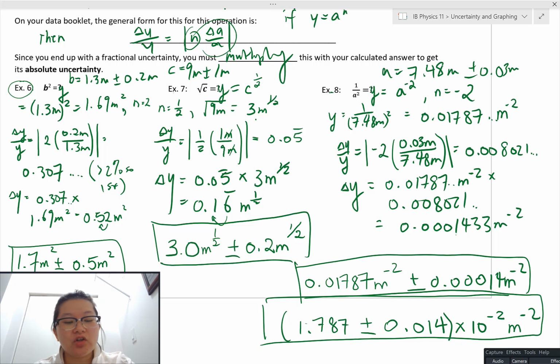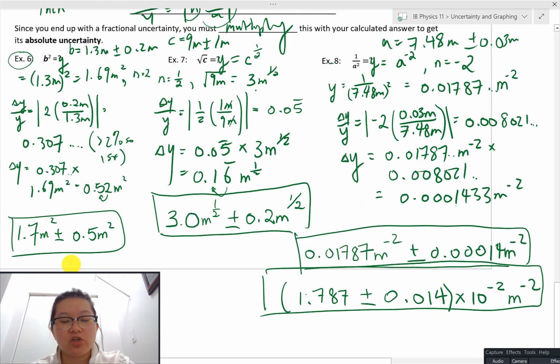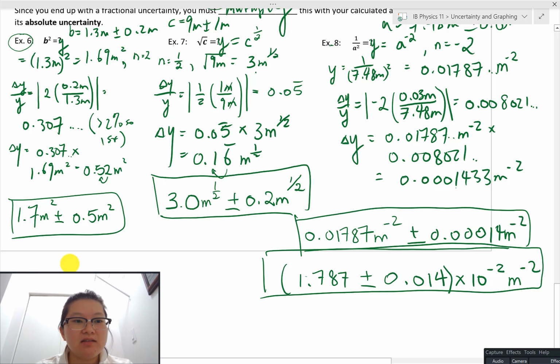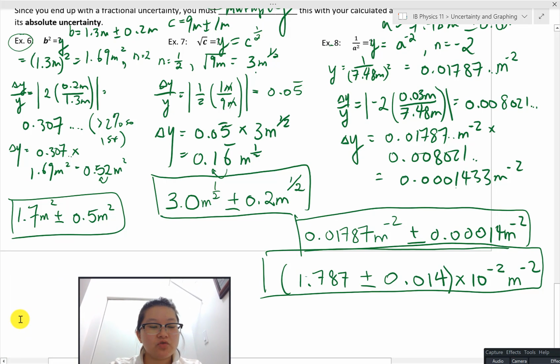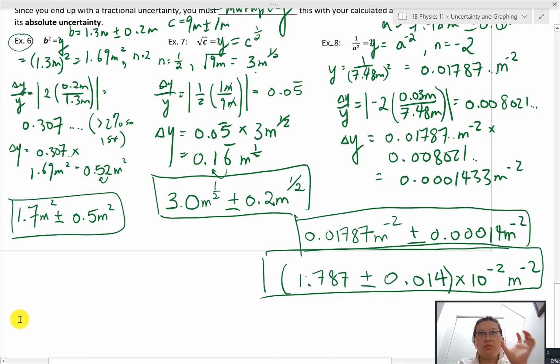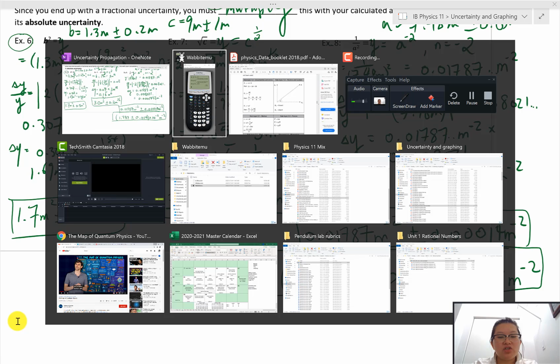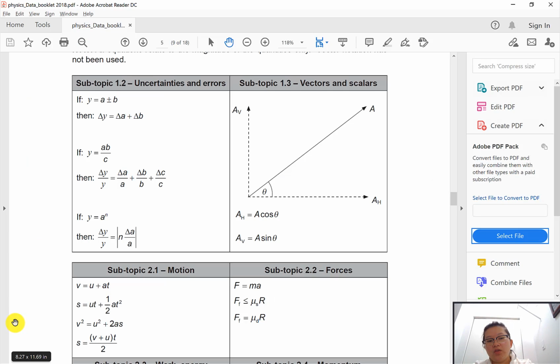So good luck, good work if you gave it a shot and tried it. Very nice. And you know what? Here, I'm going to type in an inquiry question for you to try, because I'm going to show you something interesting that has to do with why the equation for the fractional uncertainty for an exponent is the way it is.